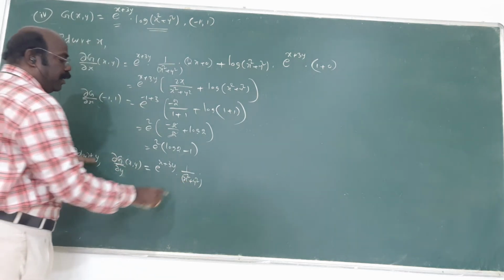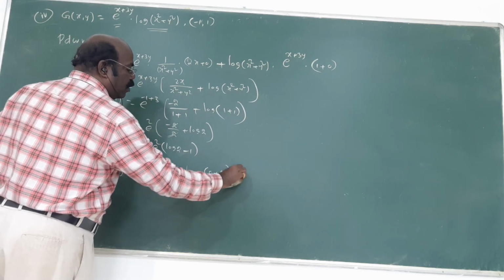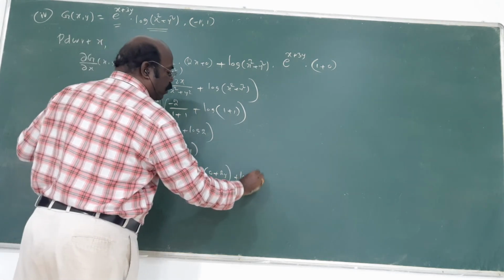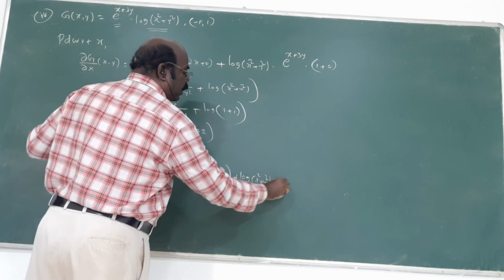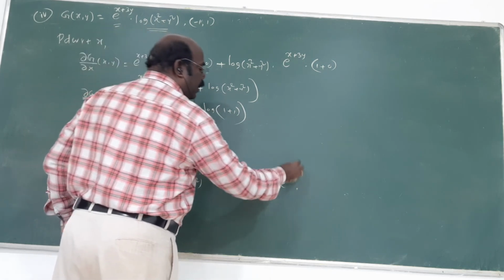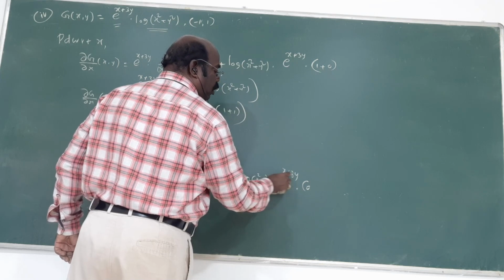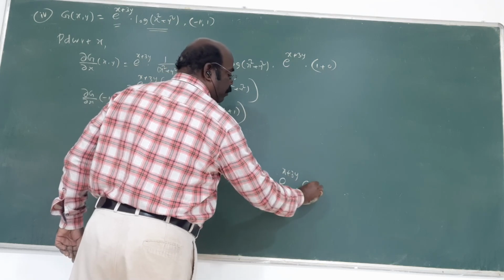With respect to y, x square becomes constant 0 plus 2y, plus log of x square plus y square. Here e power something becomes e power something into the derivative of the power: x is constant, plus 0, but y is variable, 3 into 1, 3.